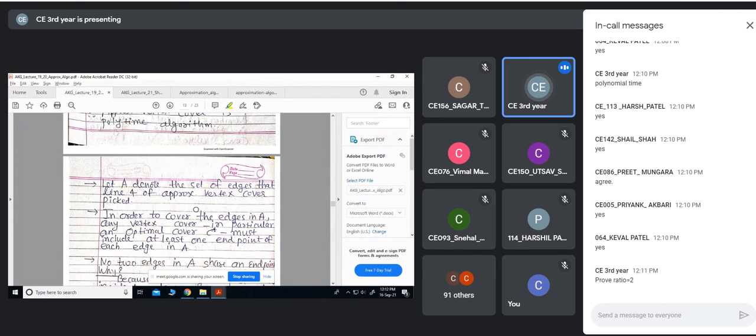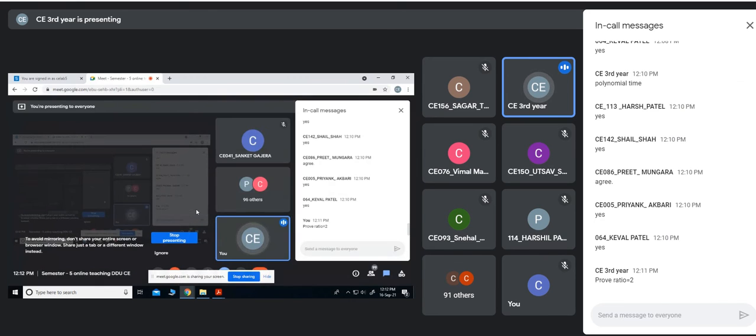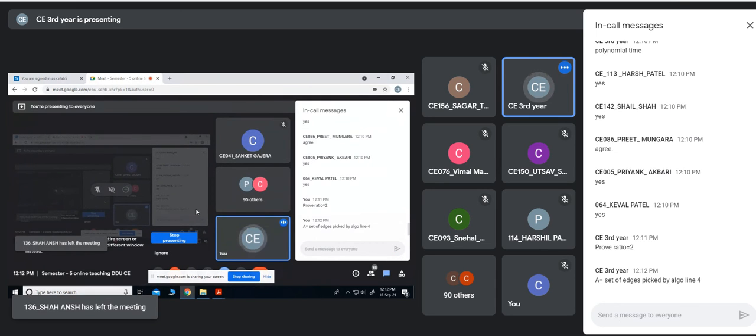Can you tell me some property about A? A is a set of edges picked by line number 4 of the algorithm. Which kind of elements are there? Can you relate the edges chosen by this algorithm?